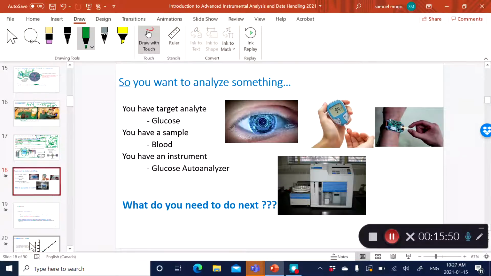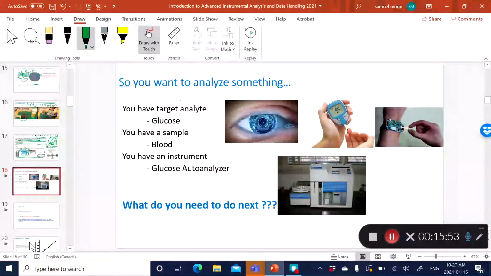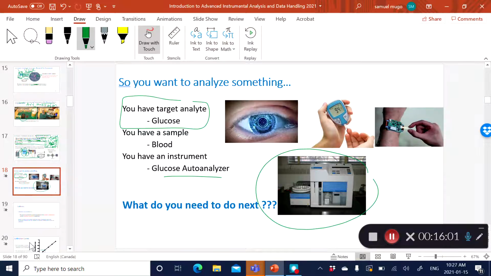Now, so you want to analyze something, and probably glucose is what you're interested in. And you're the analytical chemist, and possibly you've got a glucose analyzer, but that is too big an instrument. And you've been asked, as the analytical chemist, to design possibly your own type of instrument. Of course, you can design things like simple glucose meters, which are very, very common.